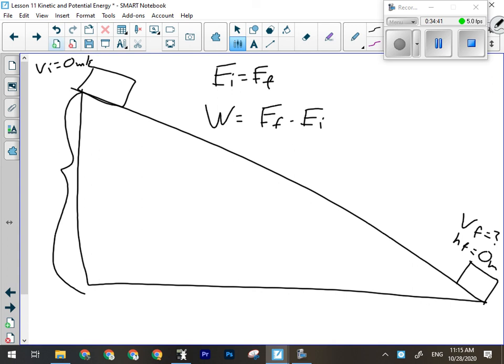Will we be able to calculate the force of friction? I sure hope so. We should be able to calculate it. We should know everything else.